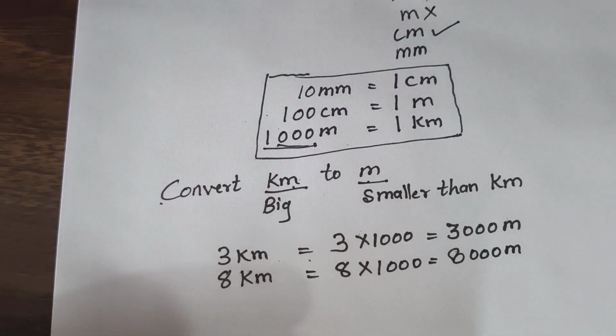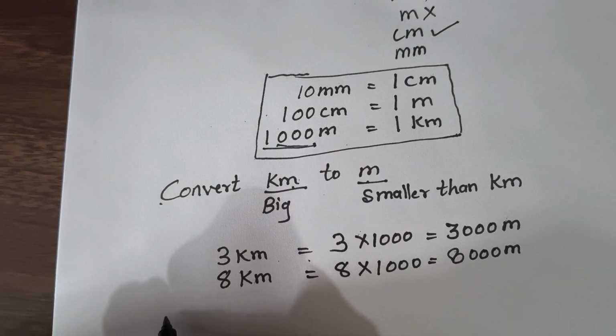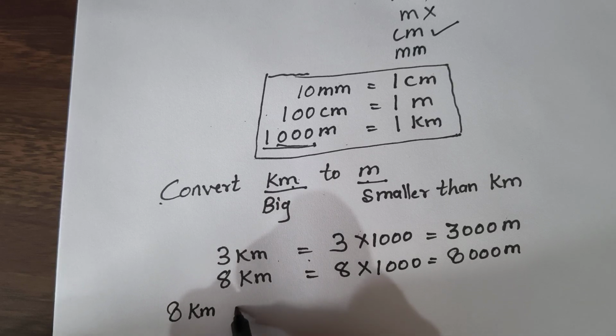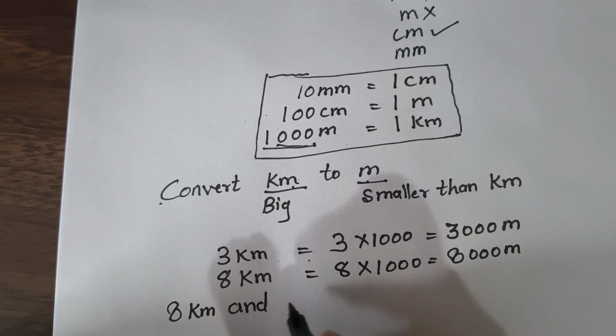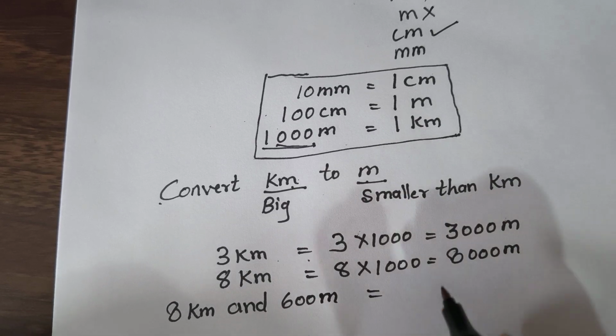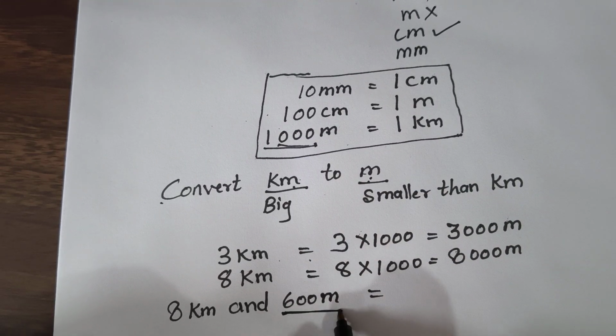Understood? Now suppose you have 2 units together, that is 8 kilometer and 600 meter is equals to, आपको तो मीटर में कन्वर्ट करना है. ये वाला तो आपका ऑलरेडी इट इज़ इन मीटर्स.